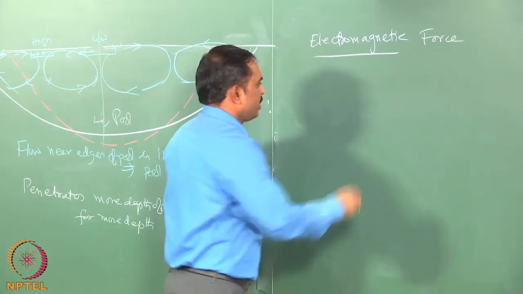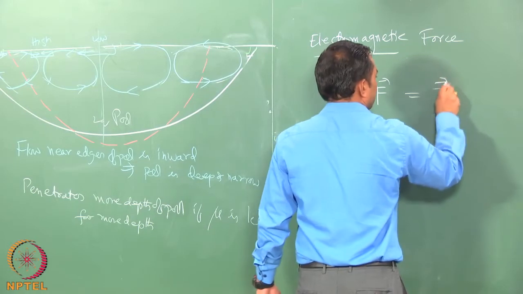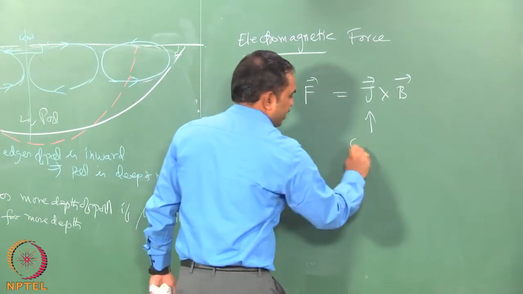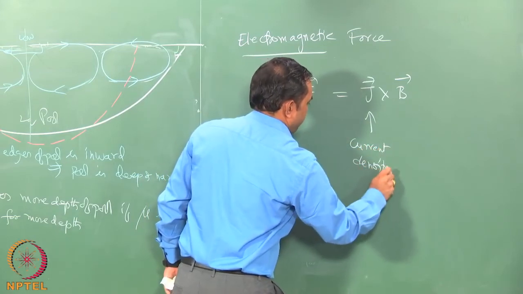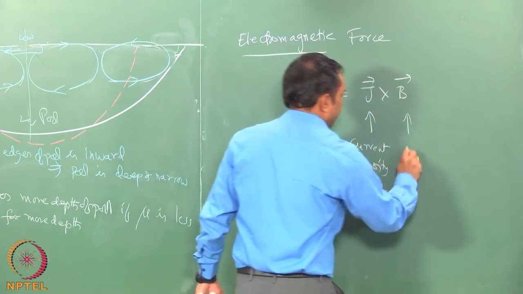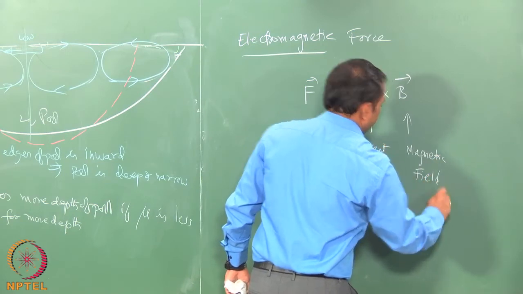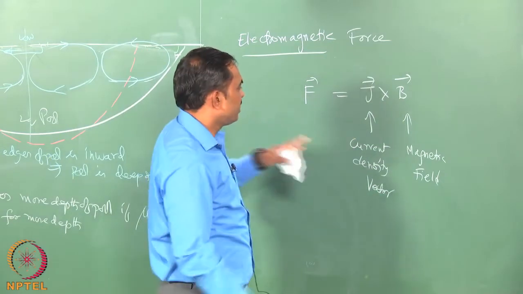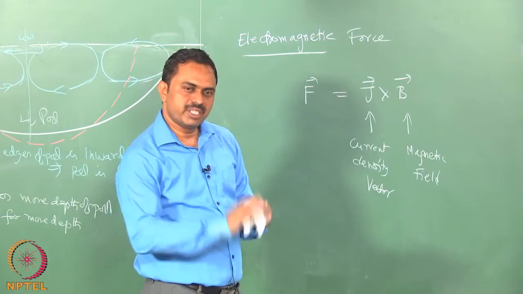So, the electromagnetic force is given by the current density vector J and the magnetic field induced by the current itself. This can be calculated, and it is basically a force which goes into the Navier-Stokes equation in the body force term.